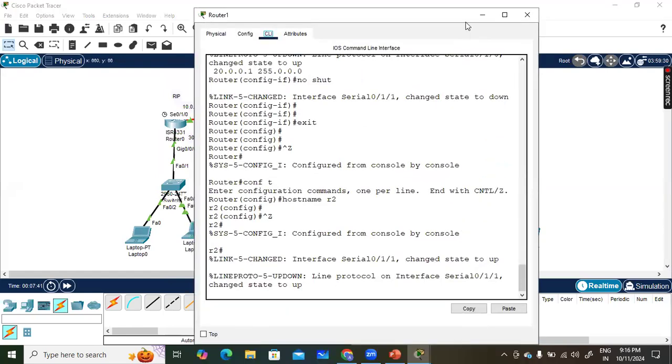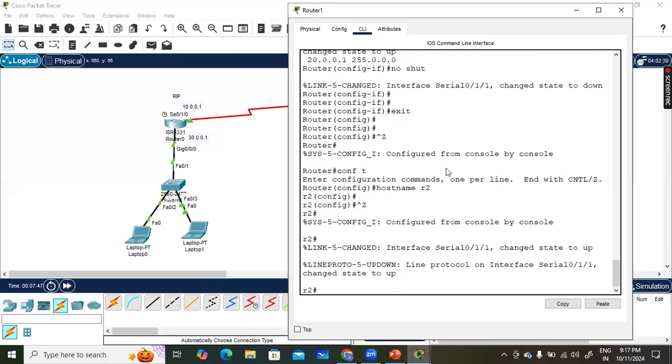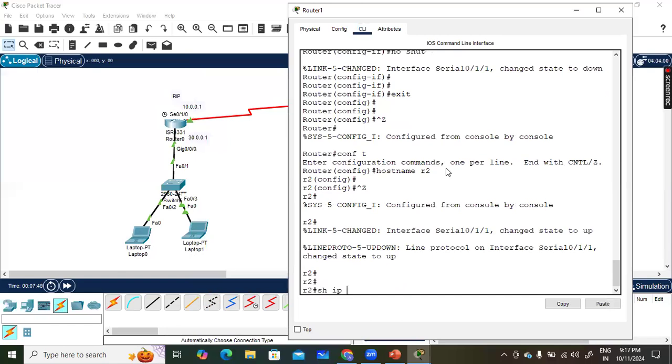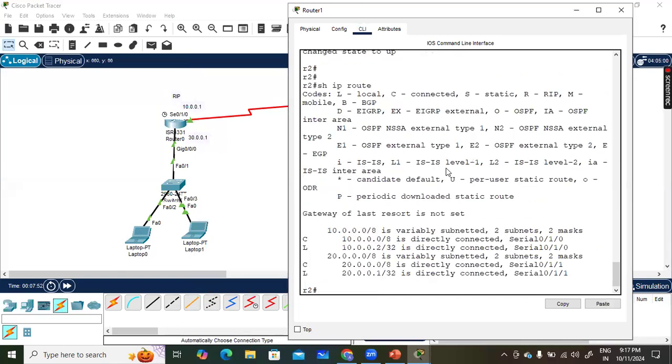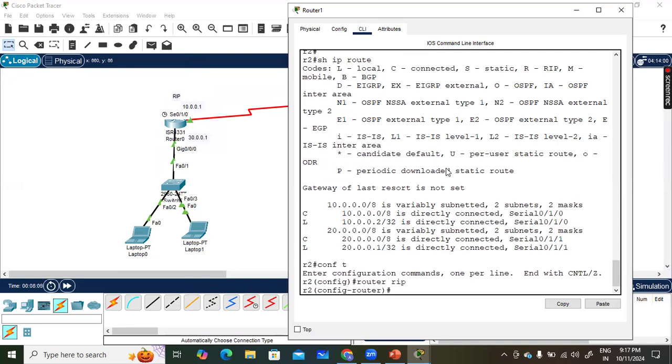Okay. Now, this router is very important, the router between RIP and EIGRP. First of all, just see the networks learned by this particular router. What all networks are learned by router 3? Network 10 and network 20. So now what I have to do is enable RIP on network 10, like this.